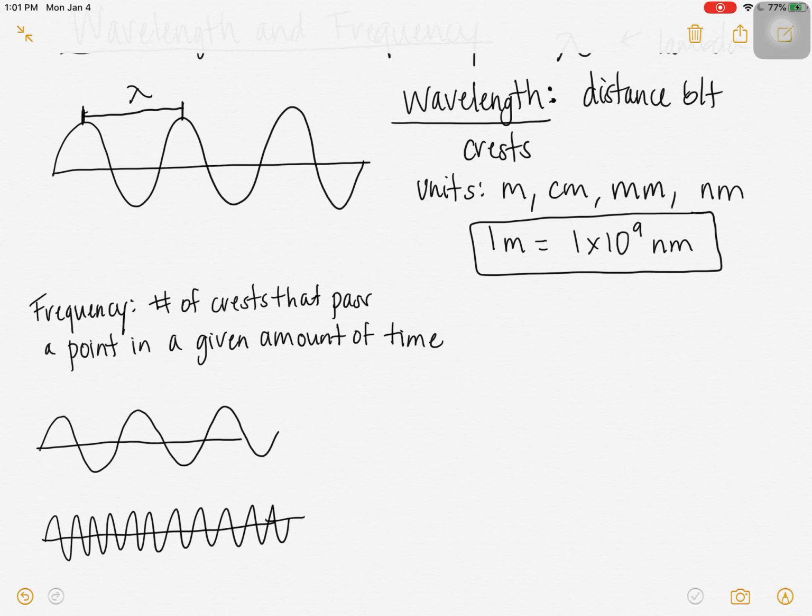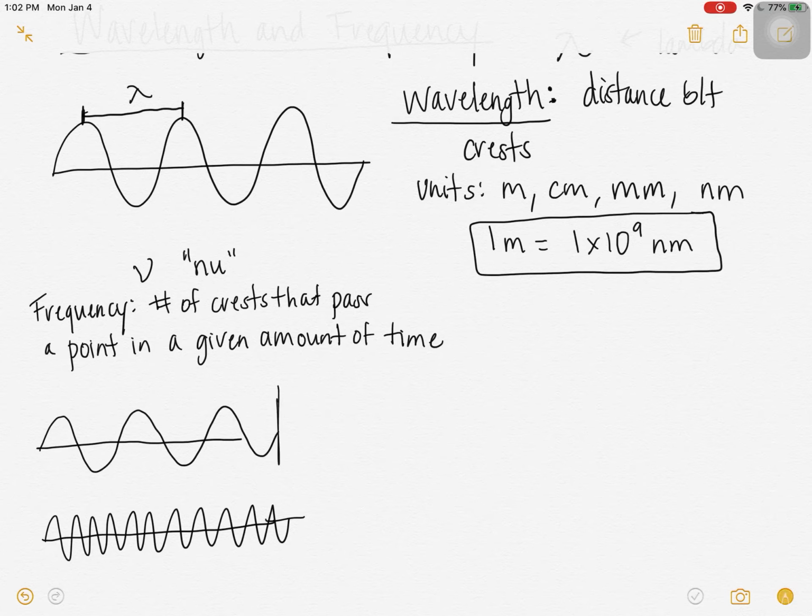However, I forgot to tell you that just like wavelength has lambda as its variable, frequency also has a variable, the Greek letter nu, which looks like a kind of cursive-ish V. That is the Greek letter nu, and it represents frequency.